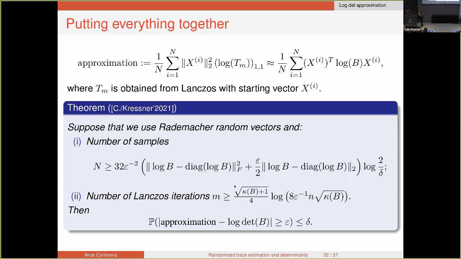For Rademacher random vectors, what you obtain is that the number of Lanczos iterations needs to be proportional to the square root of the condition number of B. And the number of samples needs to be proportional to epsilon to the -2, log of 2 over delta, and then this term depending on the Frobenius norm of the logarithm of B.